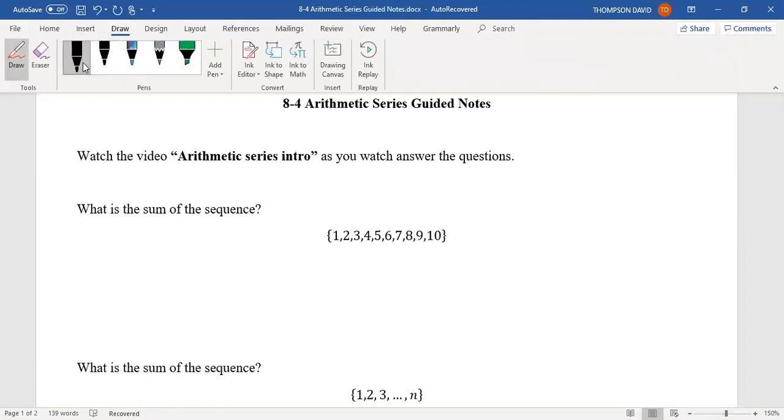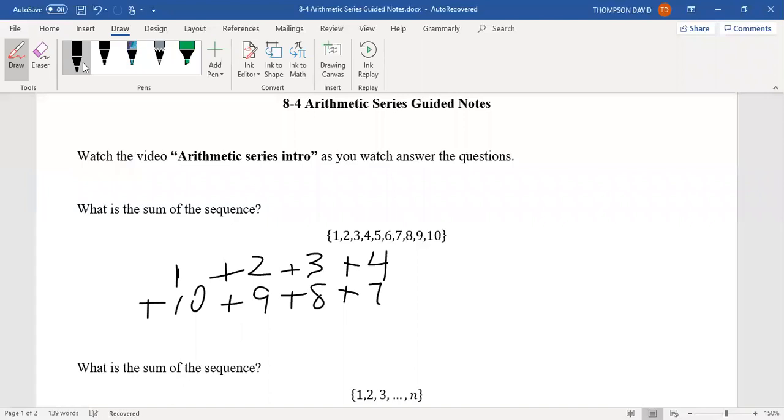To do that, what we're going to do is just add the first term plus the last term, plus the second term plus 9, plus 3 plus 8, plus 4 plus 7, plus 5 plus 6.